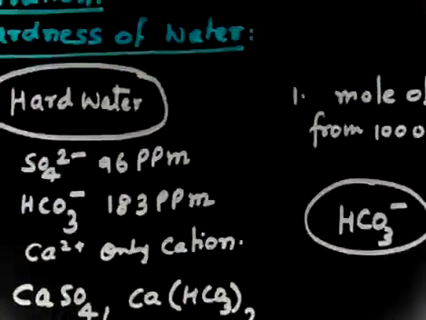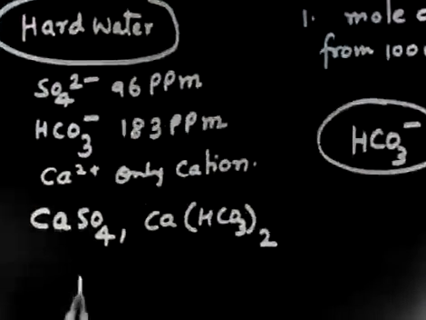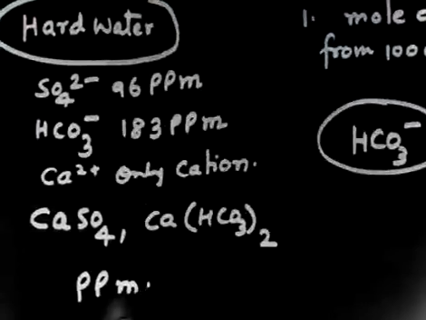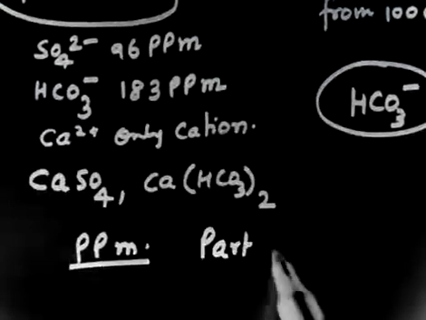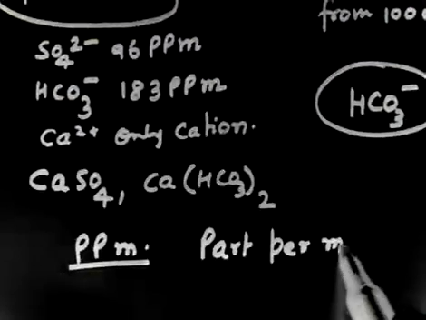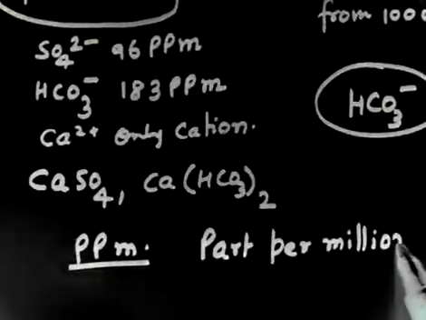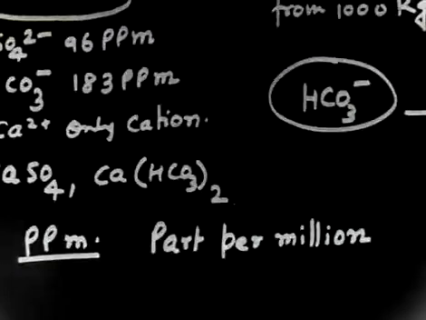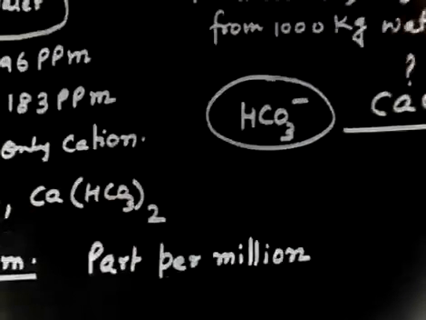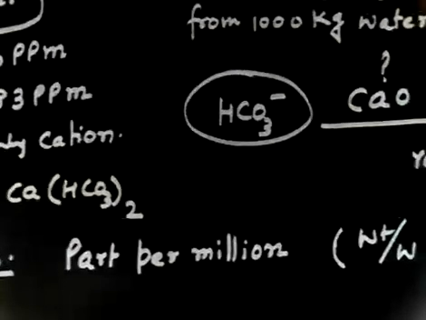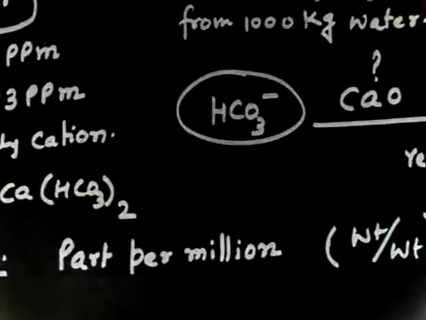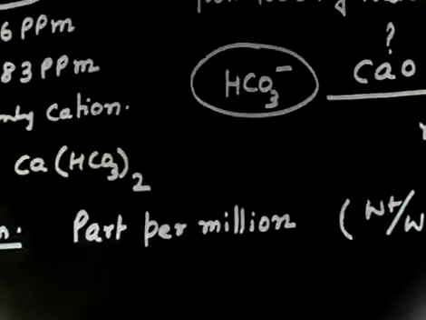Already we have discussed in the class, but let us discuss again. What is ppm? The full form of ppm is parts per million. In this question it is given weight by weight, that is mass by mass.